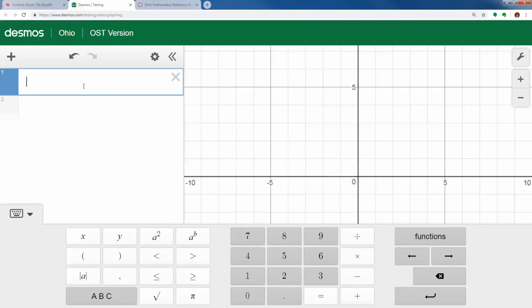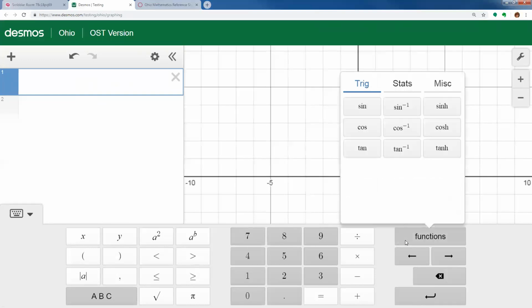Okay. So lots of people know, well, I can do 0.3 times the 43. You can do it the normal way, or the Desmos calculator also has a percent feature. If you hit this function button, there's a whole bunch of weird stuff, but you hit over to miscellaneous, it actually has a percent button.